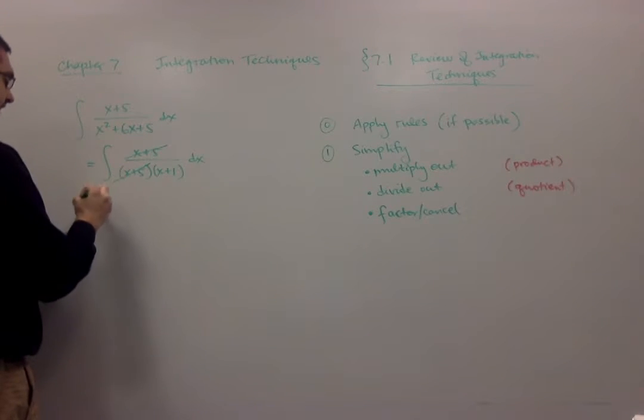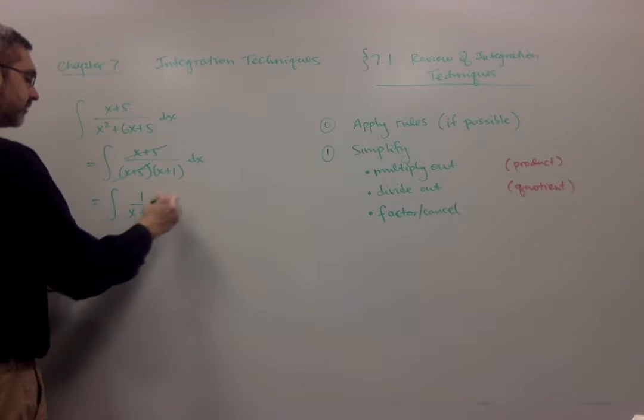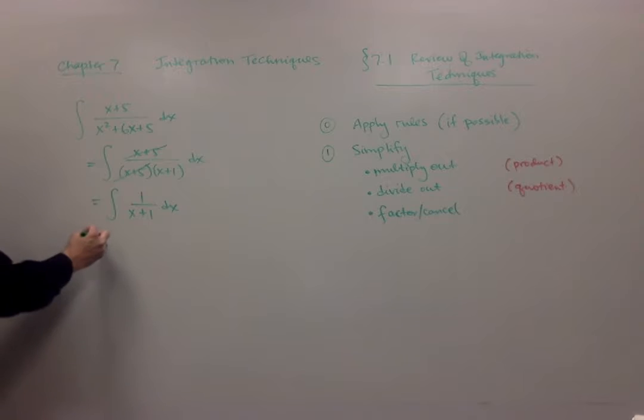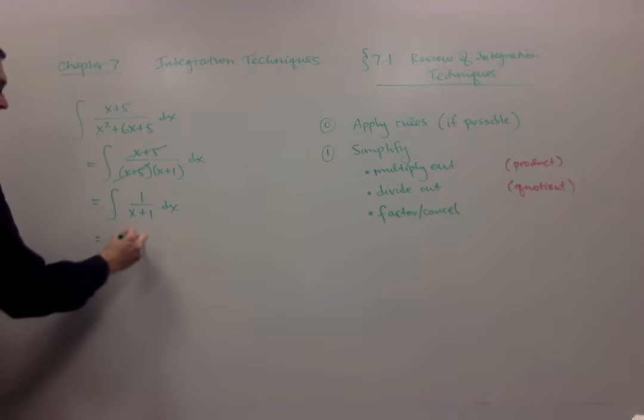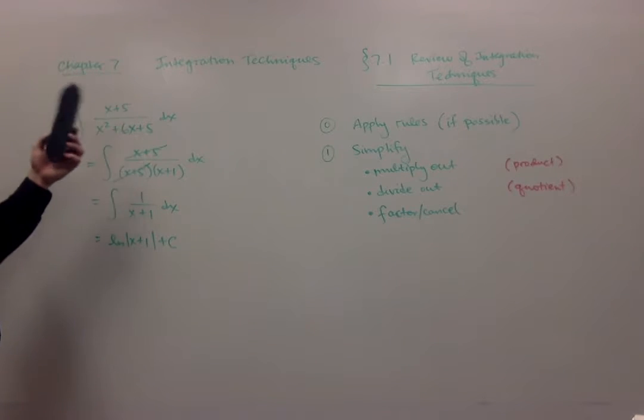I have an x plus 5 on the top and bottom, so they end up canceling, and I end up with a much simpler integral there. This turns out to be the natural log of x plus 1 plus c. So again, I'm trying to simplify.